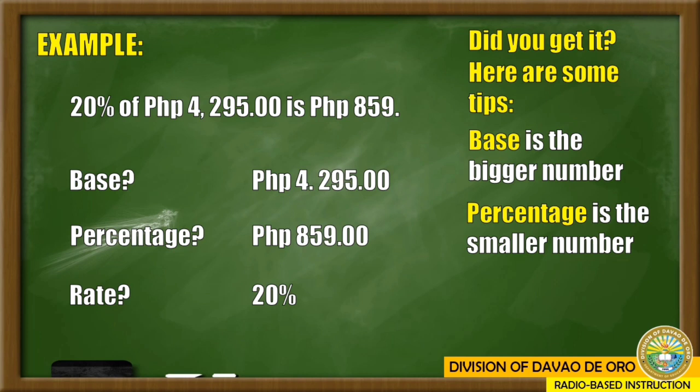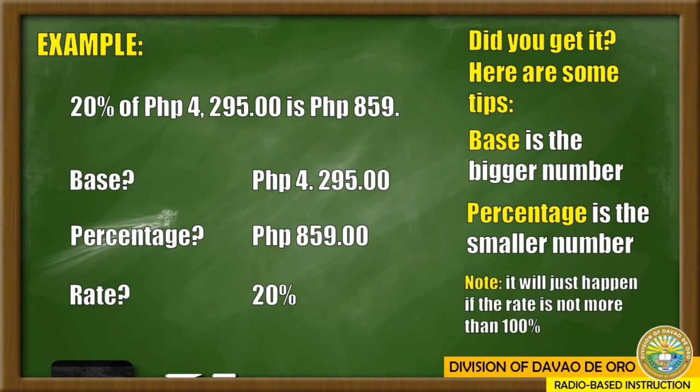So, that is a simple tip from me. When we say base, it is the bigger or the biggest number, while the percentage is the smaller number. Here is a note. It will just happen if the rate is not more than 100%. So look at our rate. Our rate is 20%.